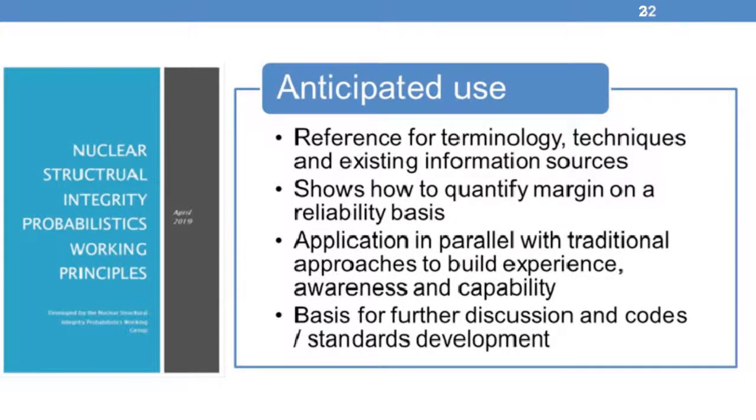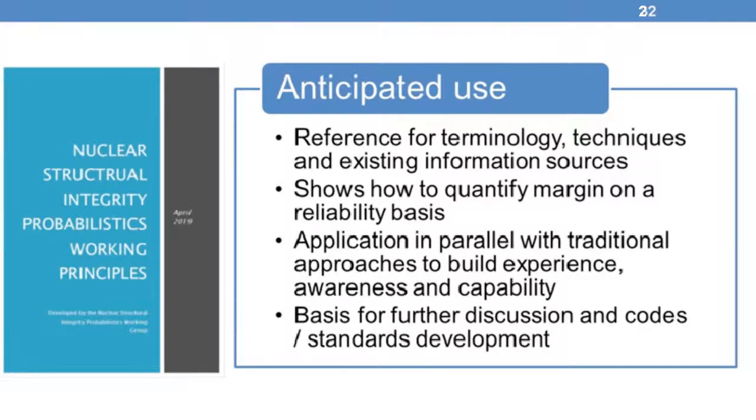So to close the discussion of the working principles document before moving on to a consideration of case studies, I've summarised the anticipated use of the document on the slide here. Essentially we're aiming to provide a reference for terminology and techniques, demonstrating how margin can be quantified easily using well-established structural reliability methods.